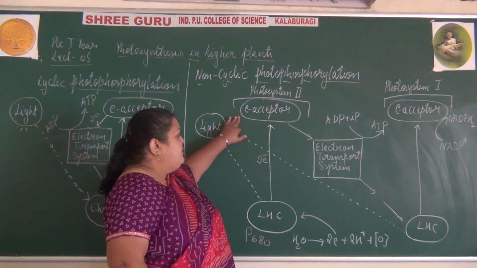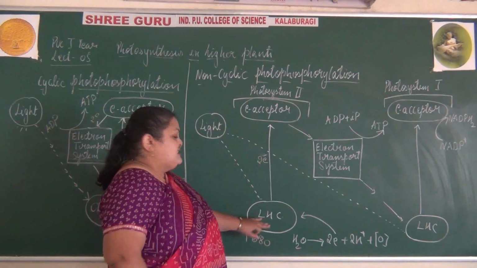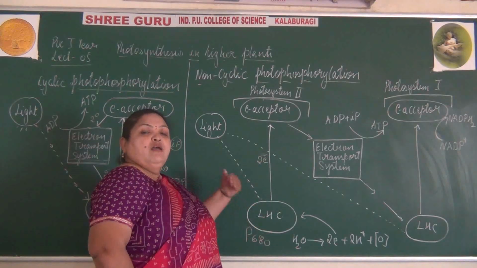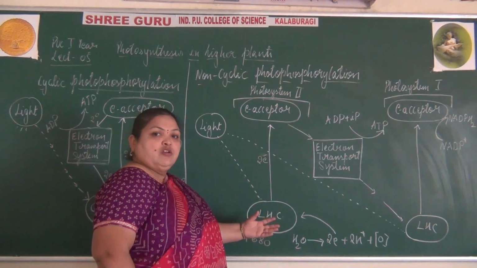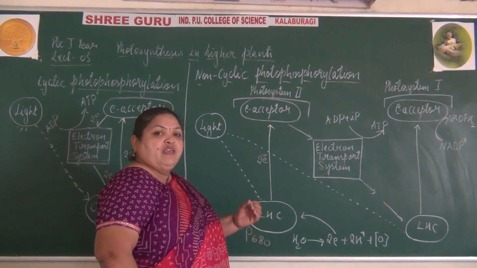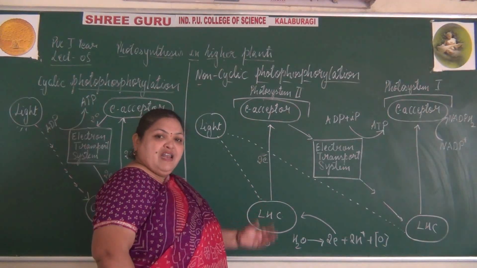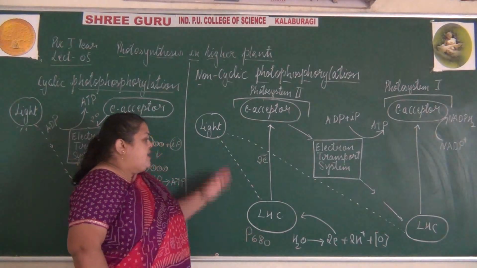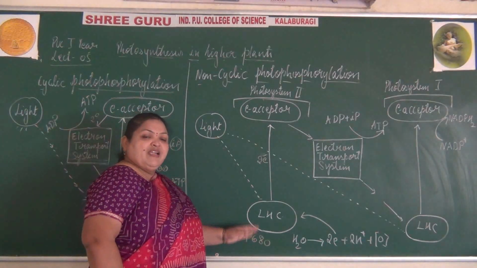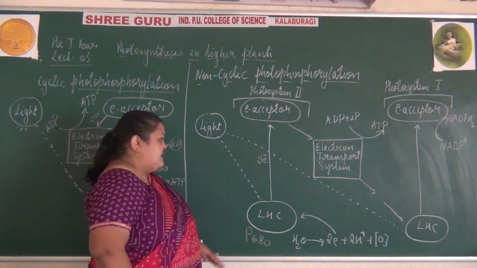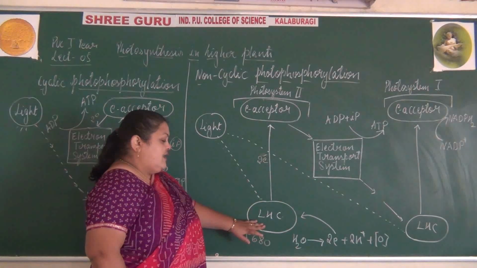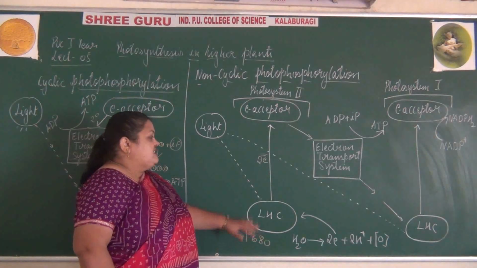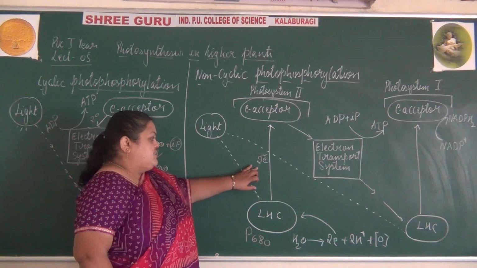After the absorption of light, they get photo-excited and start emitting the electrons. Why do we call it photo-excited? Because in the presence of light, the electrons are being released.